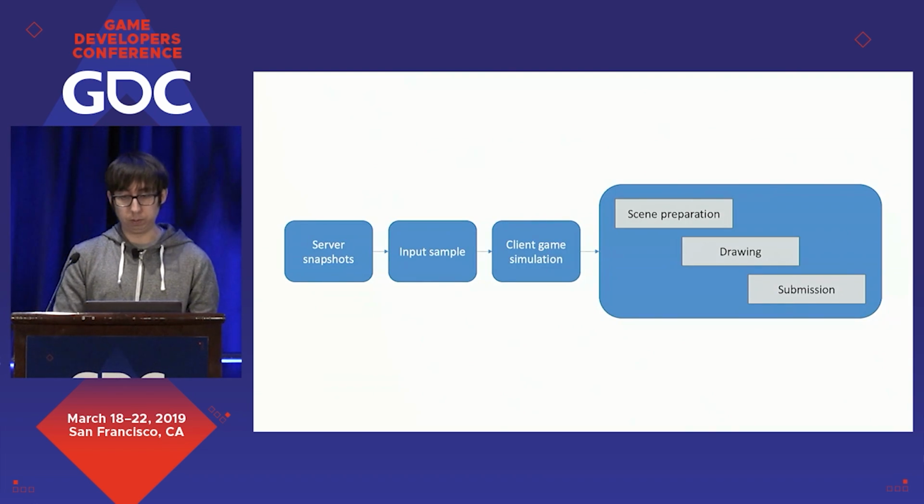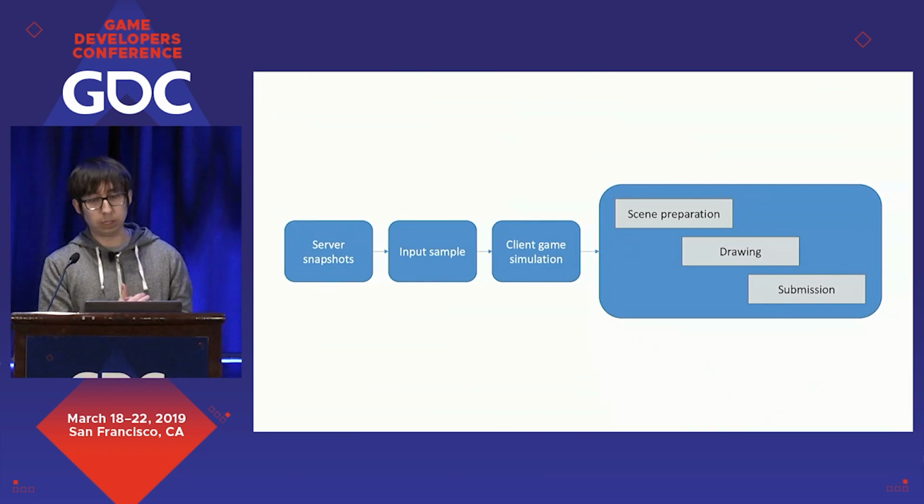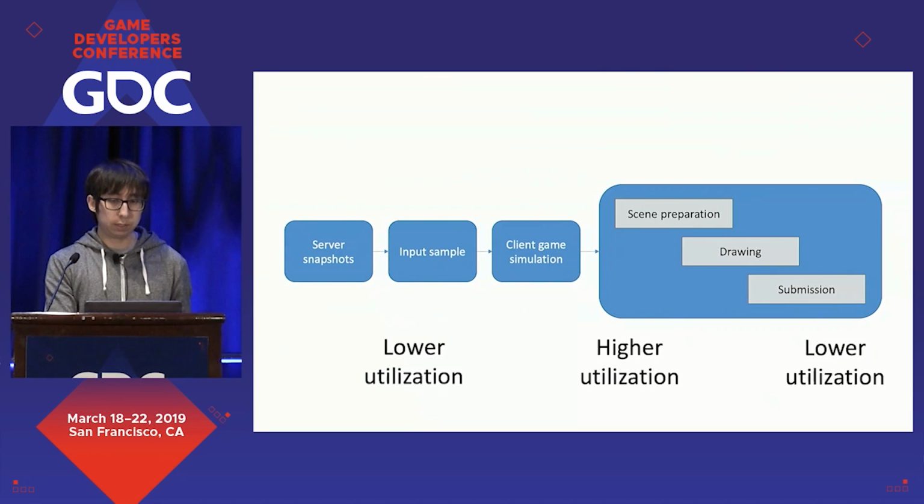So back to the high-level view of the frame. All of this work is heavily multi-threaded and runs as wide as possible, but on average, scene preparation and drawing are the parts that benefit the most from running wide. So the beginning and end of the frame achieve lower utilization over available cores, leaving more idle CPU cycles on the table.